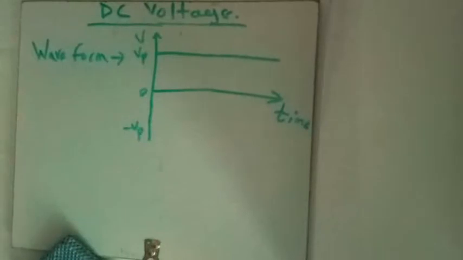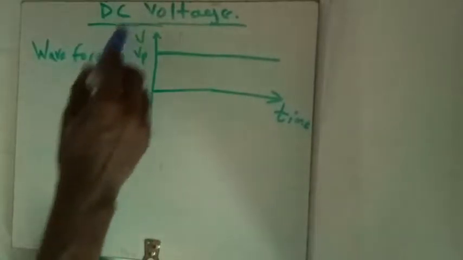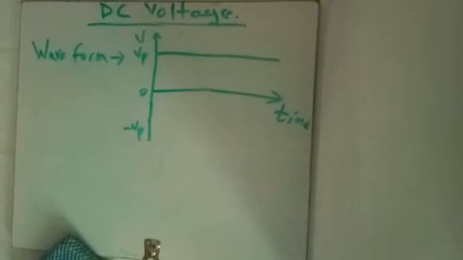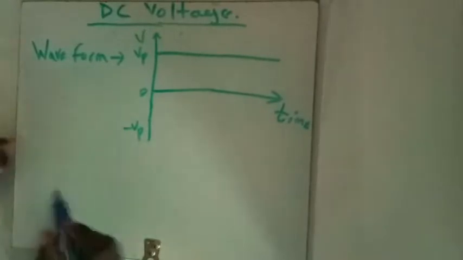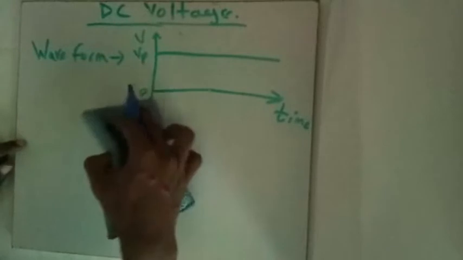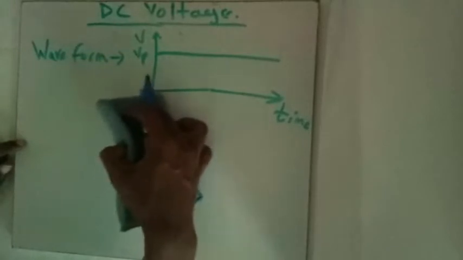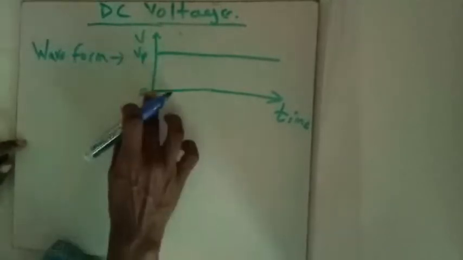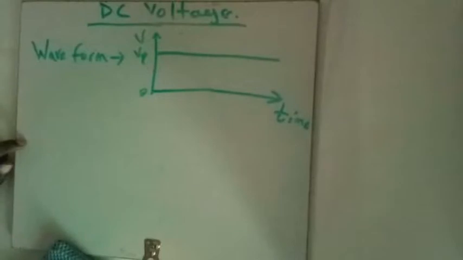So this is how DC voltage is different from AC voltage. I can shorten this a bit, since it's not compulsory to draw the negative part of the DC waveform.